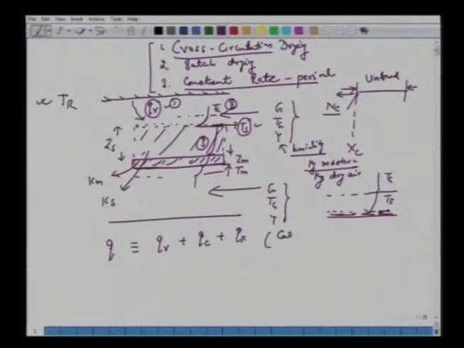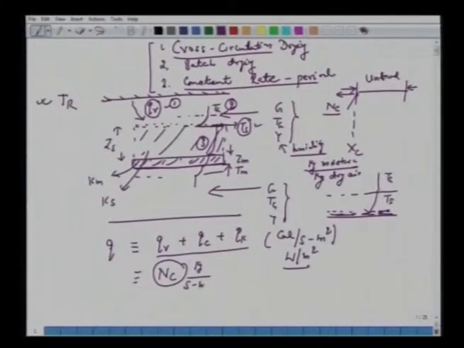So we are saying this Q is in calorie per second per meter square, or we can have watt per meter square. So heat flux. And please note, this heat under steady state will also be equal to the rate at which moisture evaporates. So this is kg per second per meter square.